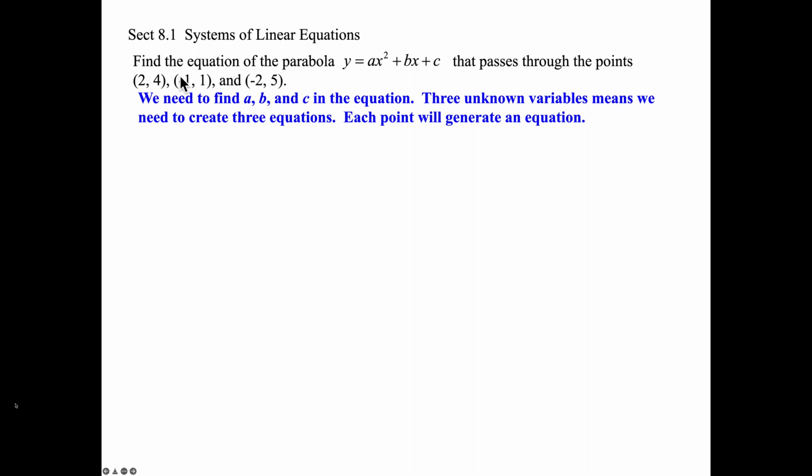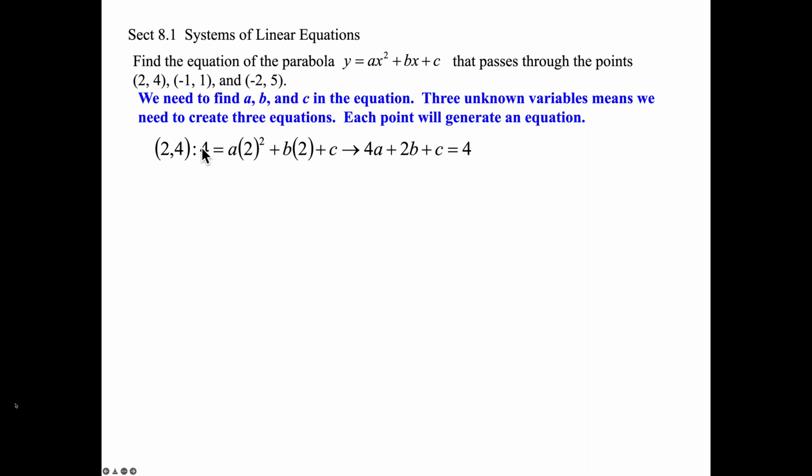So we're going to take each point, x and y, plug it in, and create an equation. So I'm using the point (2, 4). 4 goes in for the y, 2 goes in for the x, so a times 2 squared plus b times 2 plus c. There's the substitution. 2 squared is 4. That gives me 4a. b times 2 is 2b plus my c.